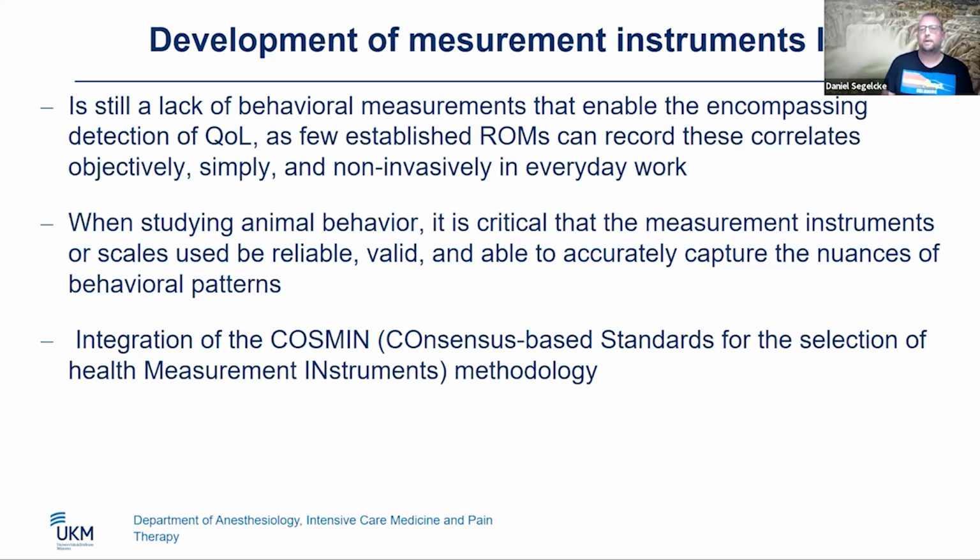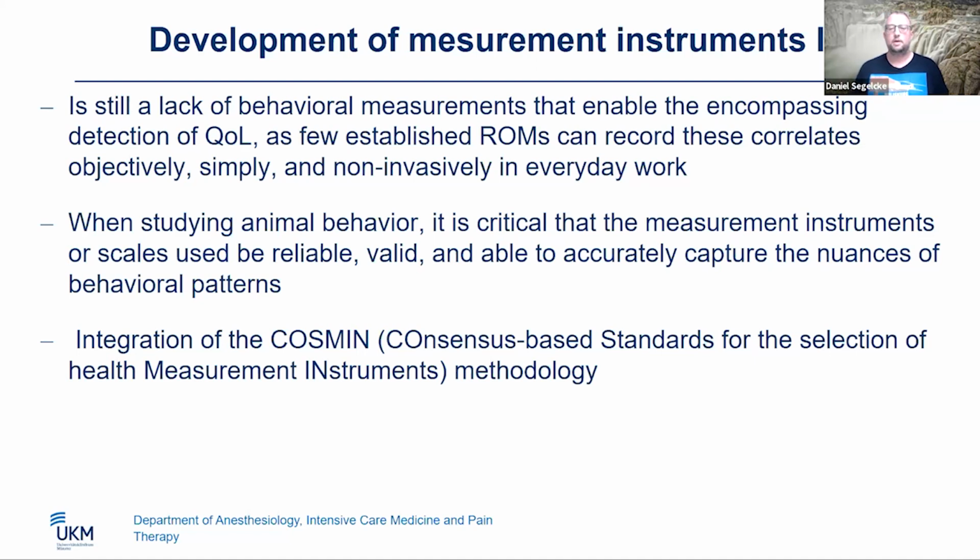When studying animal behavior, it is critical that the measurement instruments or scales used by healthcare professionals or researchers be reliable, valid, and able to accurately capture the nuances of behavior patterns. One way to reach better measurement instruments for observer-reported outcomes could be the integration of methodology from human health science.